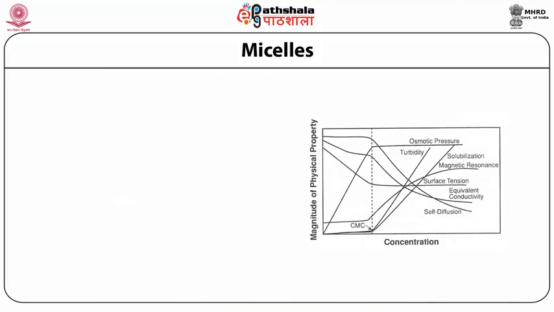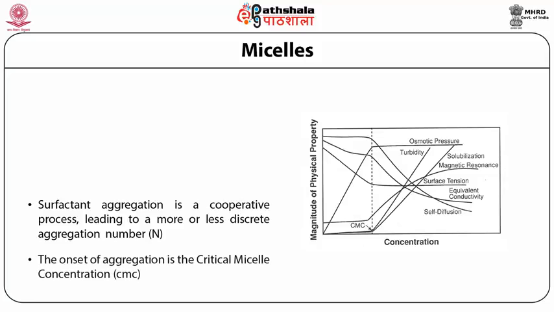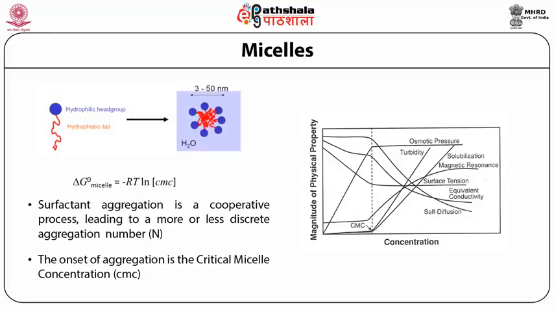This is micellization, from monomer to forming a micelle with some particular aggregation number. This entire surfactant aggregation is a cooperative process, and more or less you have a discrete number of molecules coming together, so you have a discrete aggregation number. The onset of aggregation, the transition from single amphiphilic molecules to micelles, is known as the critical micellar concentration, and this is given as delta G micellization equals minus RT ln CMC.